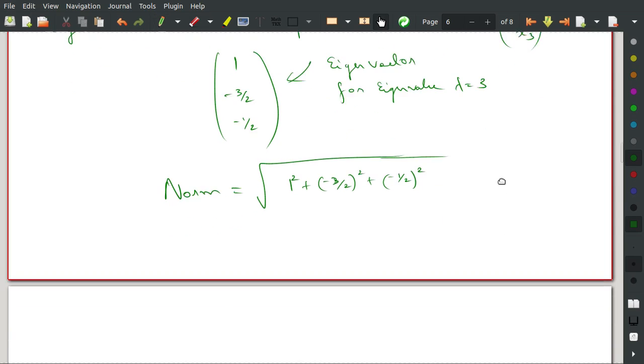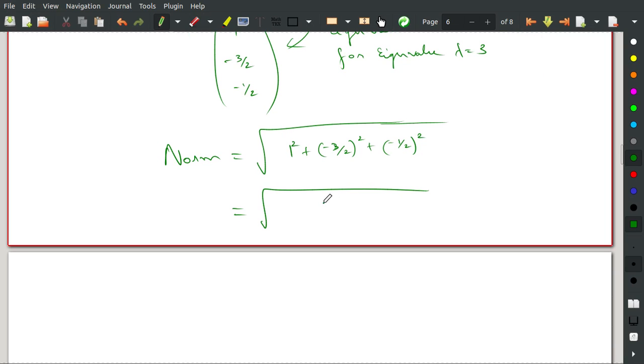The norm is the root of 1 plus 9 by 4 plus 1 by 4, which is 14 by 4.